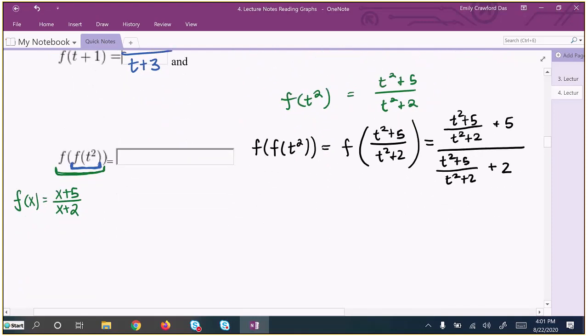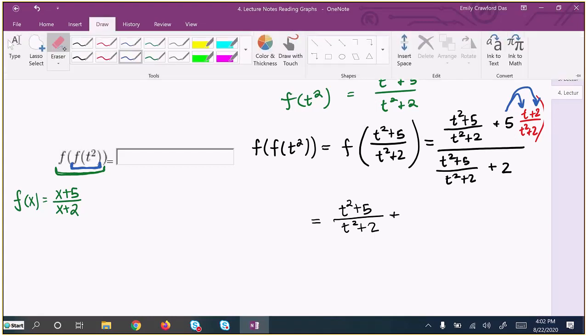And now I'm going to find a common denominator. On top I have (t squared plus 5) over (t squared plus 2), and I want this 5 to also be over t squared plus 2. So I'm going to multiply by (t squared plus 2) over (t squared plus 2), and distribute the 5 on top.